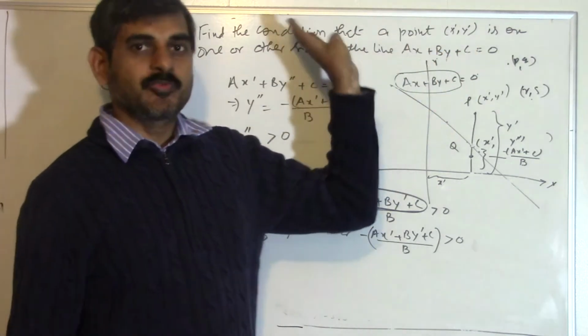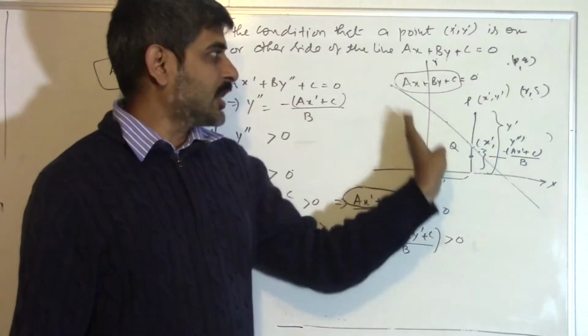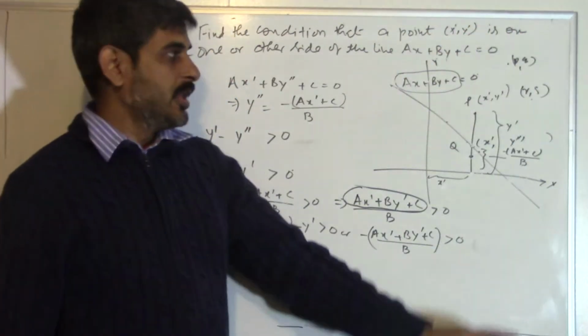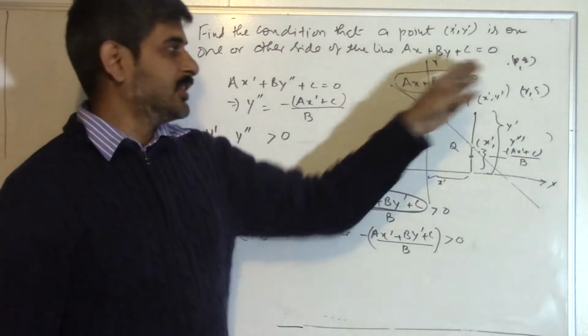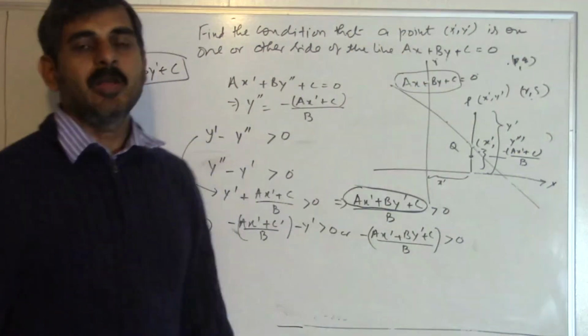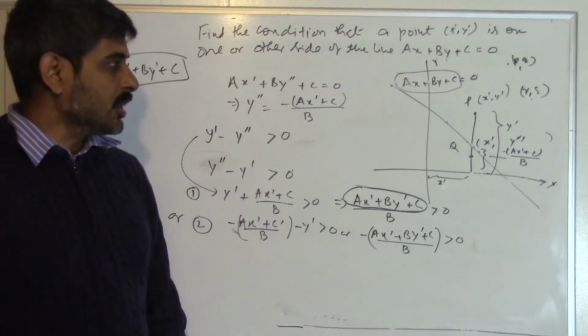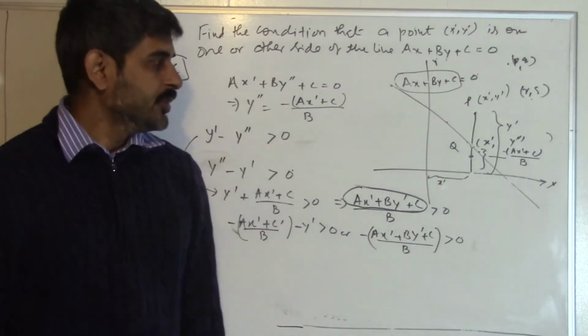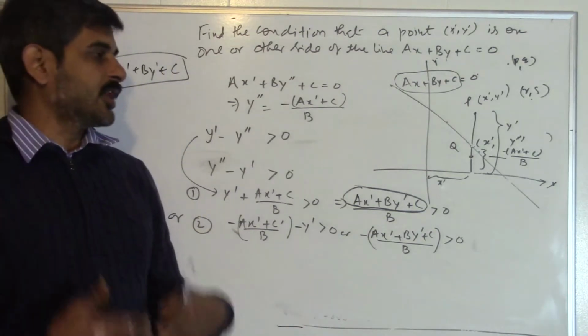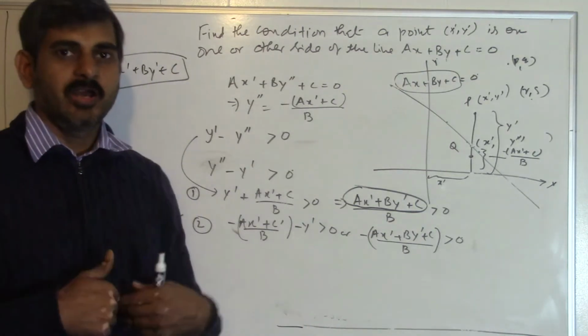If both of them come positive, then both the points are on the same side of the line. If one has a positive sign and the other has a negative sign, then they are on different sides of this line. This is how we can find out if 2 given points are on the same side of the line or the other side of the line.